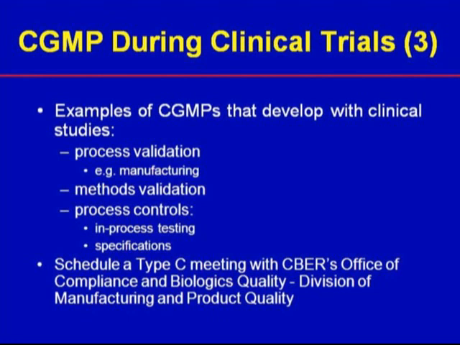You may also continue to develop and monitor process controls and set specifications based on knowledge of the manufacturing process and product attributes related to safety and efficacy. We also recommend that you arrange a Type C meeting with CBER's Office of Compliance and Biologics Quality, especially with the Division of Manufacturing and Product Quality, when making decisions related to facility design, manufacturing controls, and process validation.